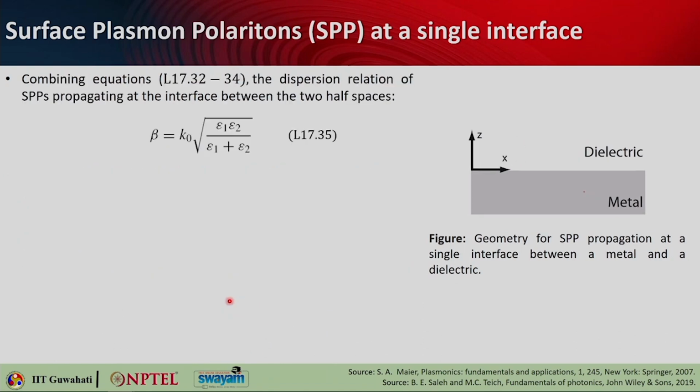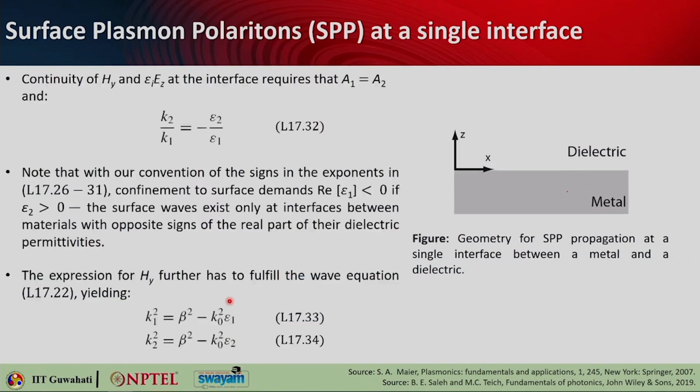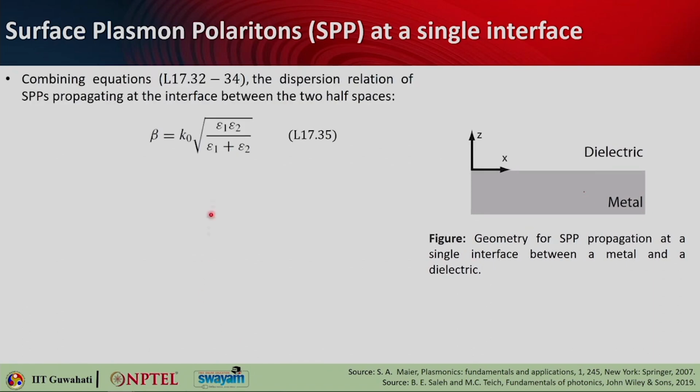So you can actually obtain these two values. Now, if you combine these equations, this ratio and these values, from here you are able to obtain the dispersion relation of the surface plasmon polaritons which are propagating along the interface. So you can obtain beta, that can be written as k naught square root of epsilon 1 epsilon 2 over epsilon 1 plus epsilon 2. So that is a very important relationship that defines the relation between the propagation constant and the frequency.